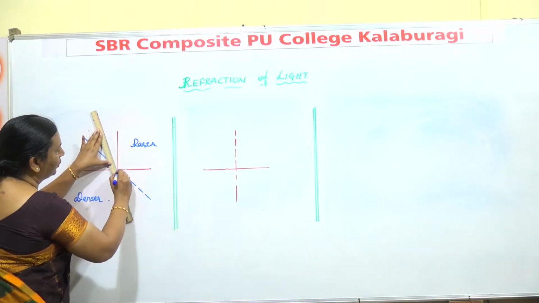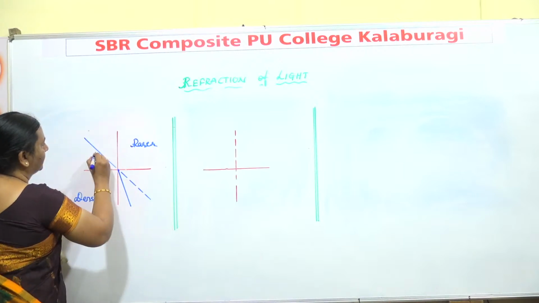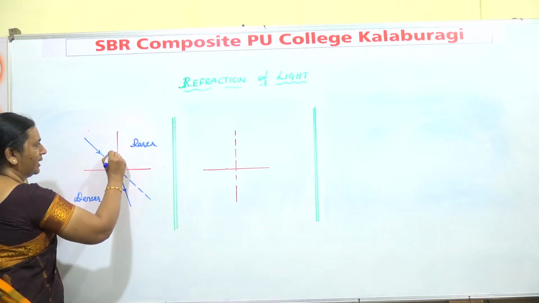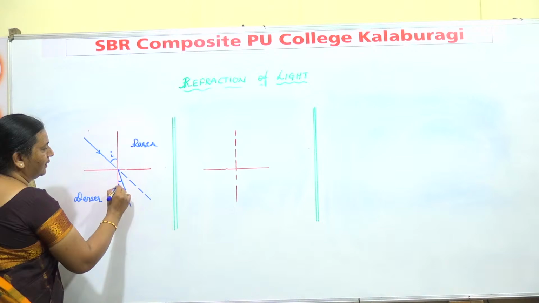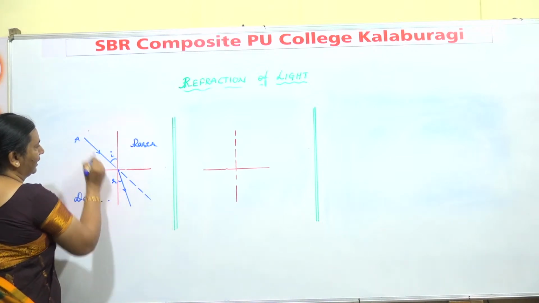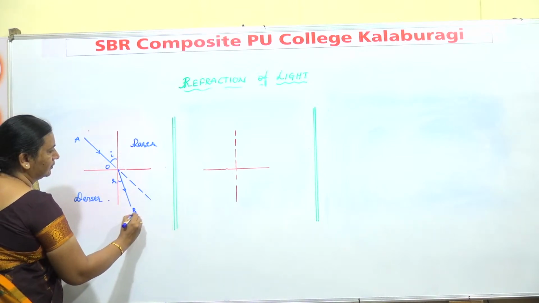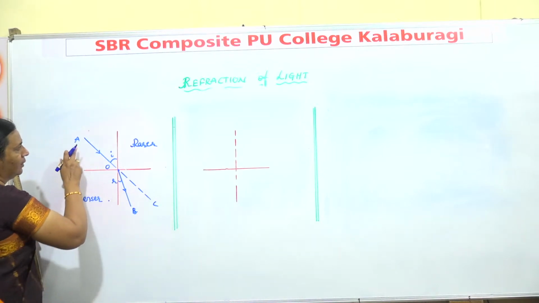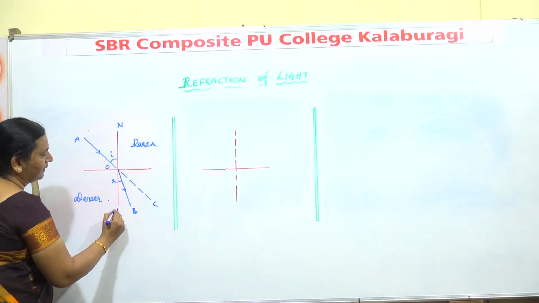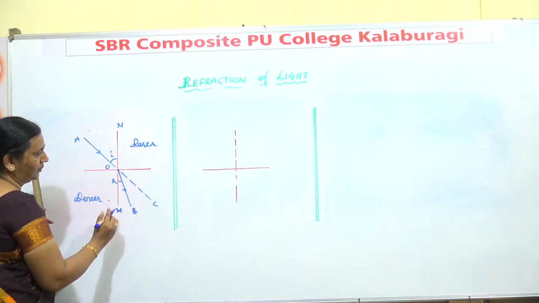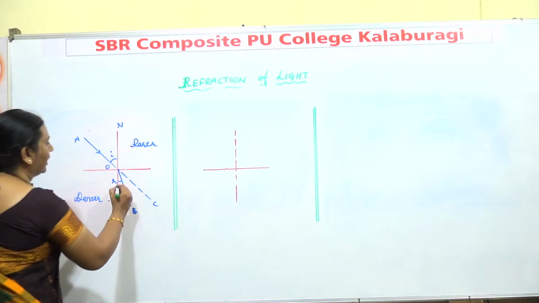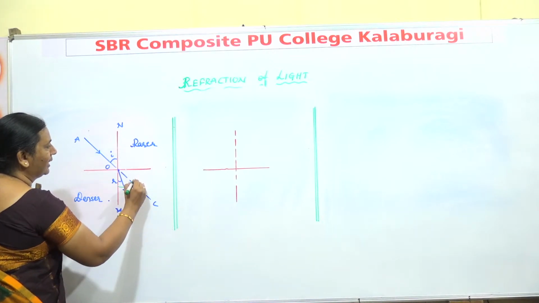If the angle of incidence is I and the angle of refraction is R, then taking the vertically opposite angle, AOM and COM, the vertically opposite angle is equal to I itself.